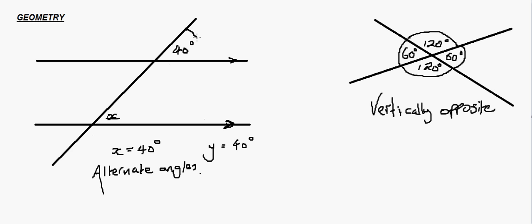So this angle and this angle correspond with one another. So I could say then that x equals 40 degrees because they are corresponding angles.